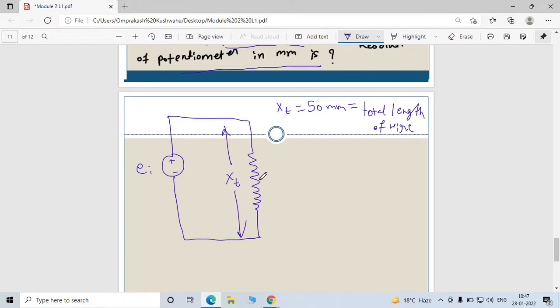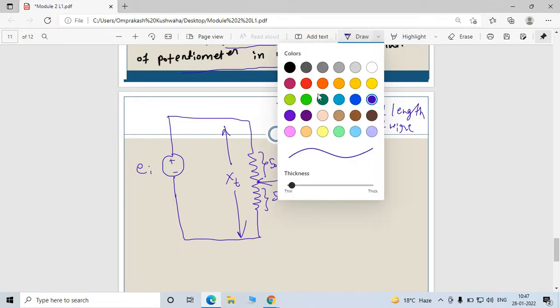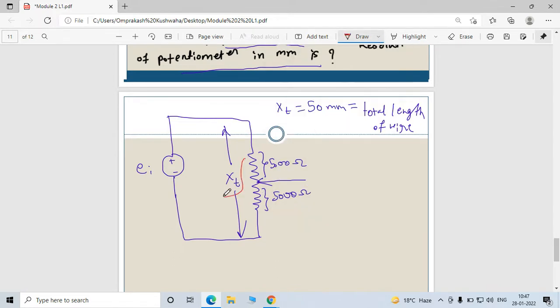Now the sliding contact starts at the midpoint, right? This is given in your question. So sliding starts from the midpoint, so that's why this is 5000 ohm and this is 5000 ohm, because the whole resistance is 10,000 ohm.